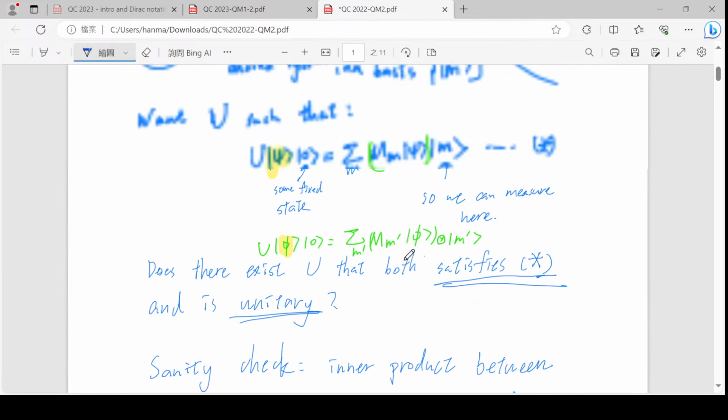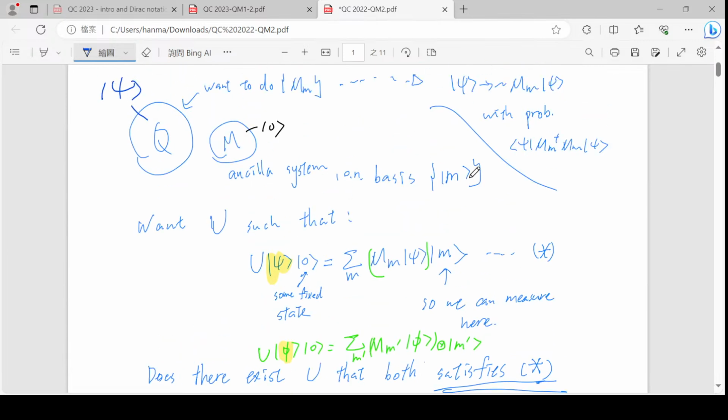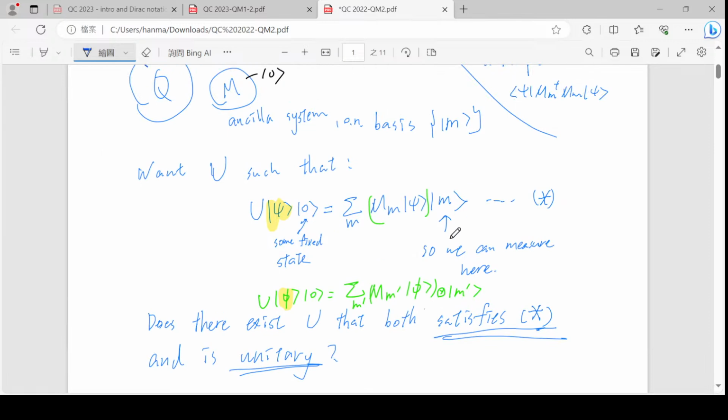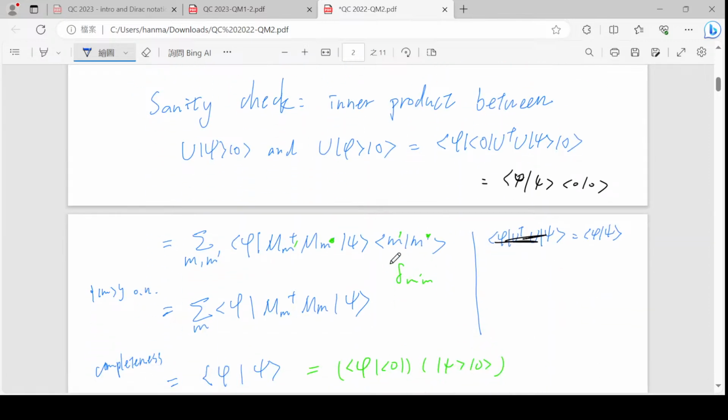And now we use the orthonormality, so we use that those m are actually orthonormal vectors. So this inner product between m prime and m is delta m prime m, or in other words, it is non-zero only if m prime equals m. So we are actually just summing over m.